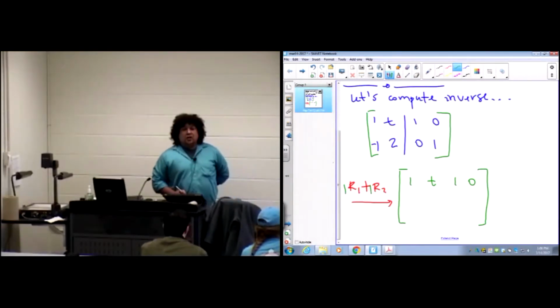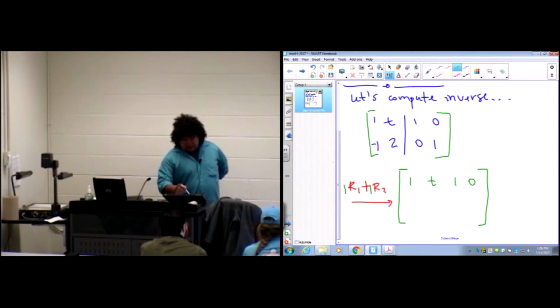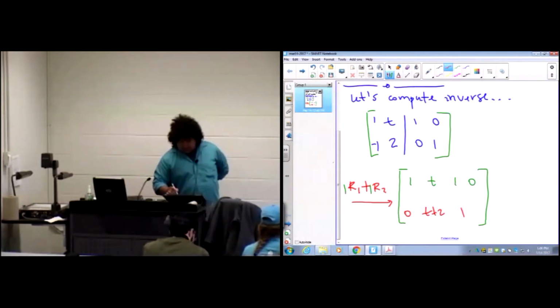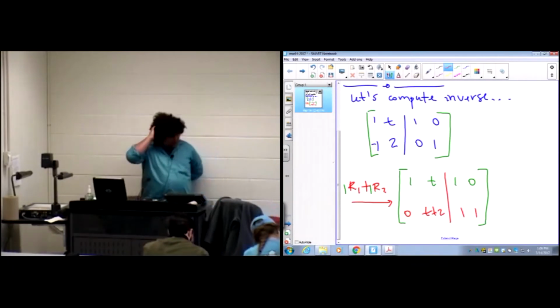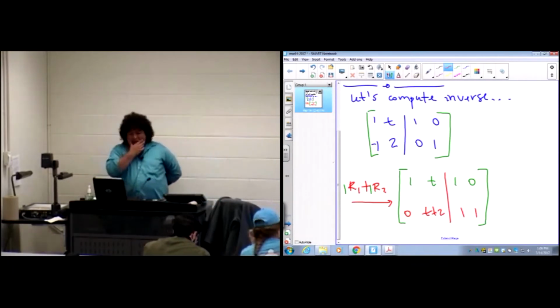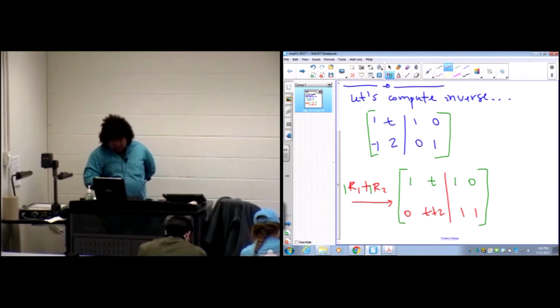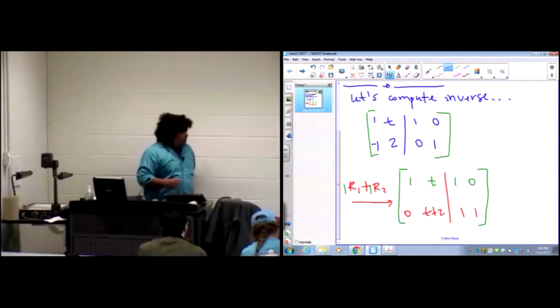The next thing I'd like to do is to create a 1 on entry 2, 2. And this is where I have to make a note and say, look, if T plus 2 is different from 0, then I can divide by it.